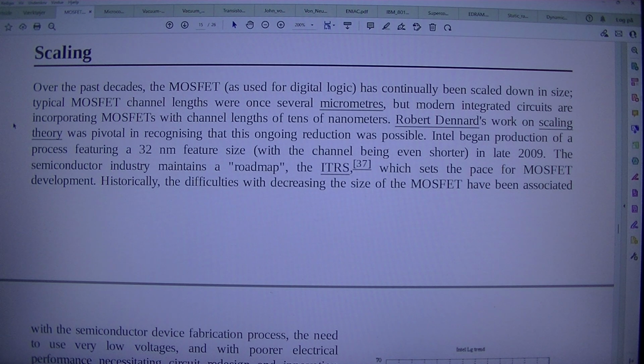Intel began production of a process featuring a 32 nm feature size, with the channel being even shorter, in late 2009. The semiconductor industry maintains a roadmap, the ITRS, which sets the pace for MOSFET development. Historically, the difficulties with decreasing the size of the MOSFET have been associated.